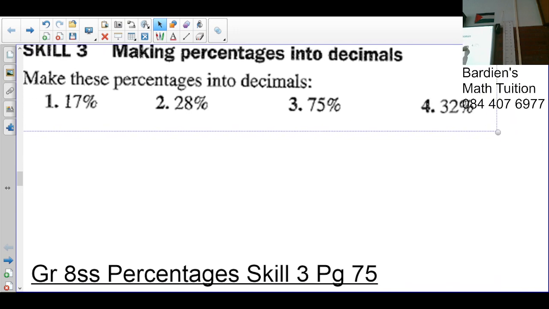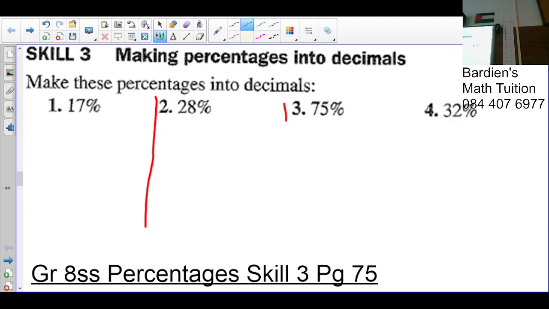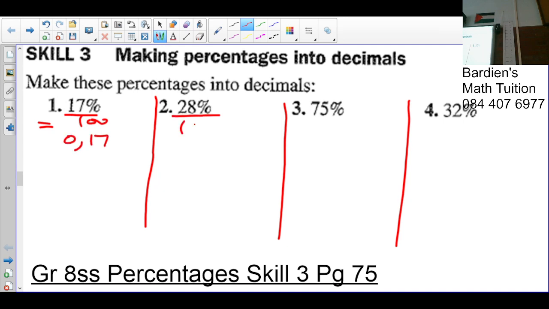So where do I start here? 17. So in other words, I'm going to convert it from percent to decimal. So here I'm dividing by 100. So 17 divided by 100 is what? 0.17.